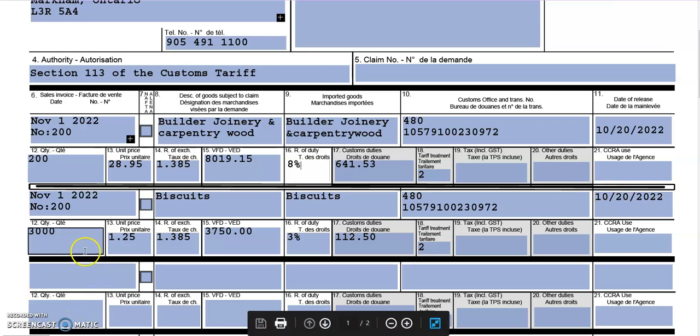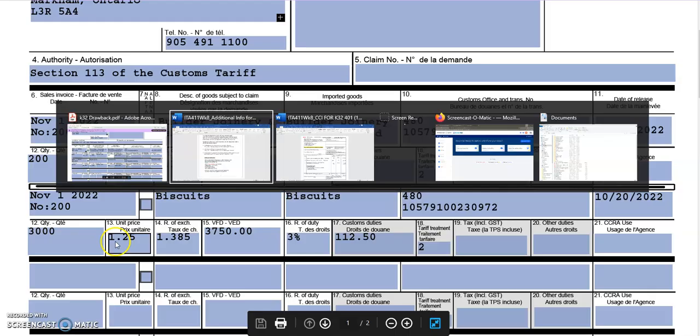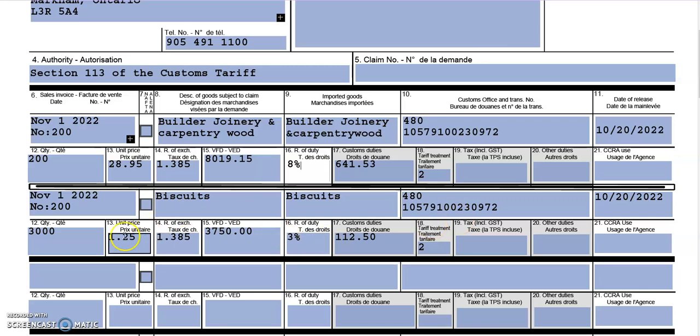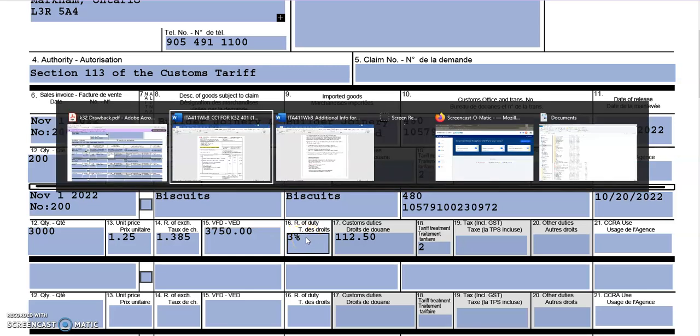We have 3,000 biscuits. The unit price was $1.25. 3,000 times $1.25 times the exchange rate gives us $3,750 value for duty.